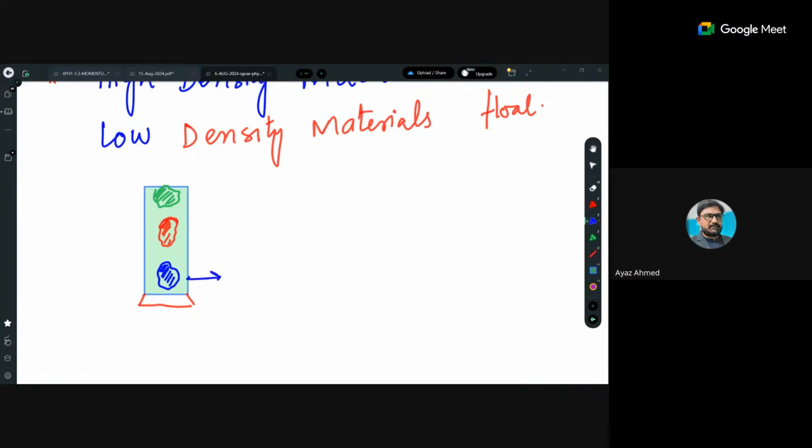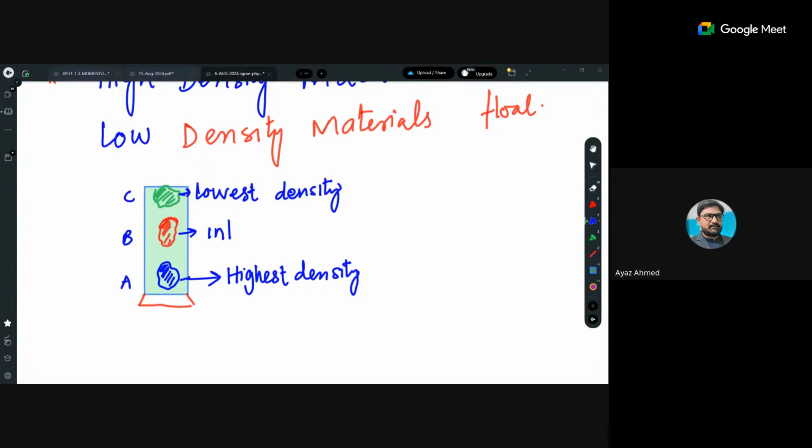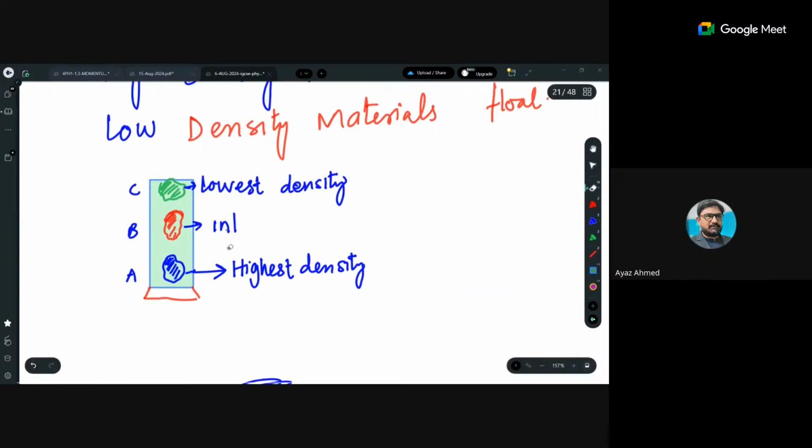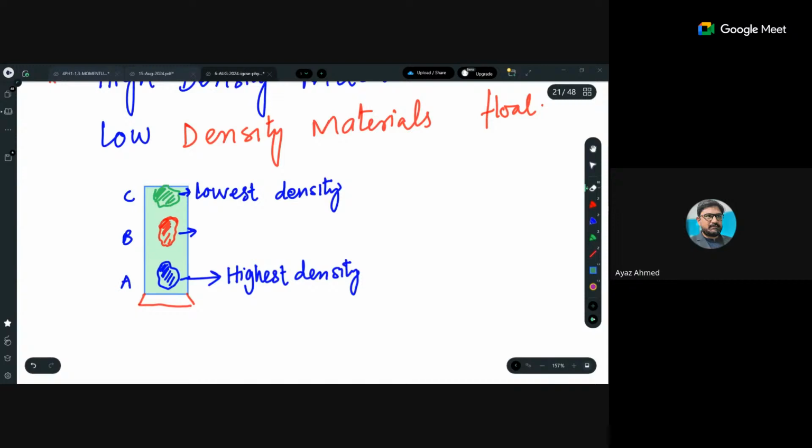This one is the heaviest object, with the highest density. This one has the lowest density. And this one's density is intermediate, lower than the block at the bottom. Let's say it is block A, block B, and block C.